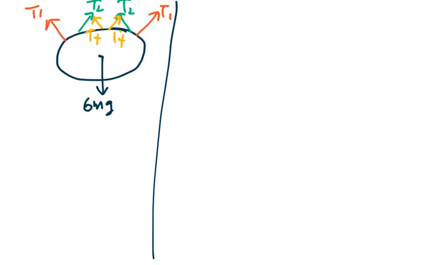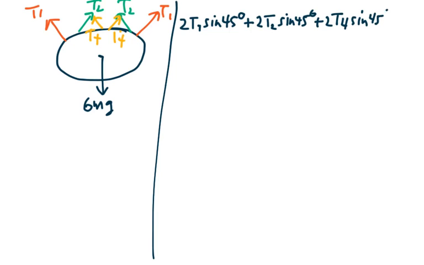So if we were to do a free body diagram and a summation of forces in the y direction, we would have that T1 sine 45 degrees plus 2 T2 sine 45 degrees plus 2 T4 sine 45 degrees equals 6 mg. Sounds good?